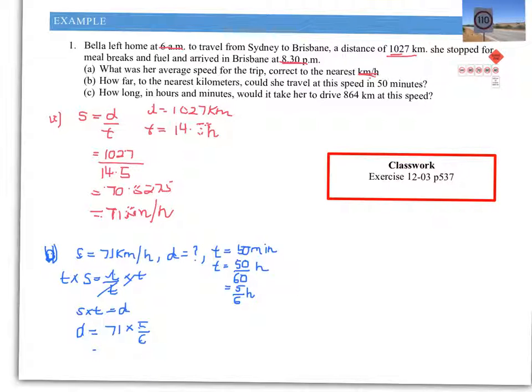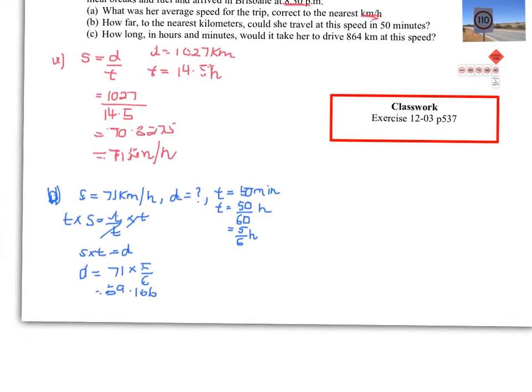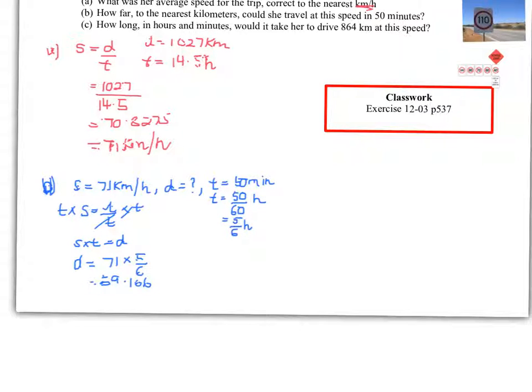And I'm pretty sure you get something like 59.166, something along those lines. And it needs to be to the nearest kilometre, because that's what it says in our question. So to the nearest kilometre, that's got to be 59 kilometres, I should say, because I'm trying to find a distance, aren't I? So that was really nice and easy.